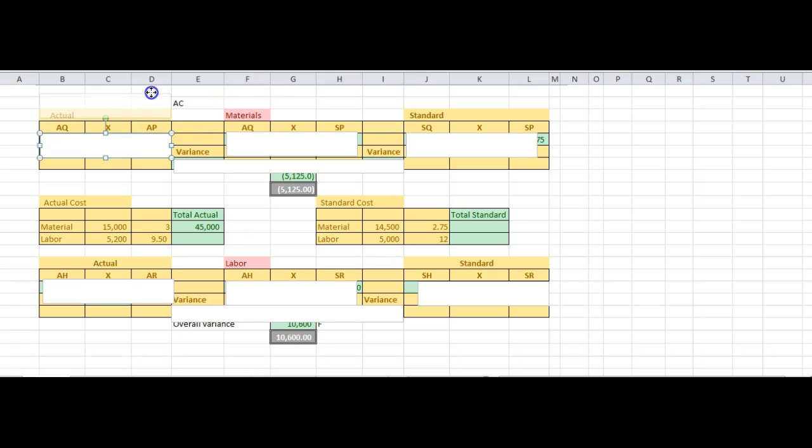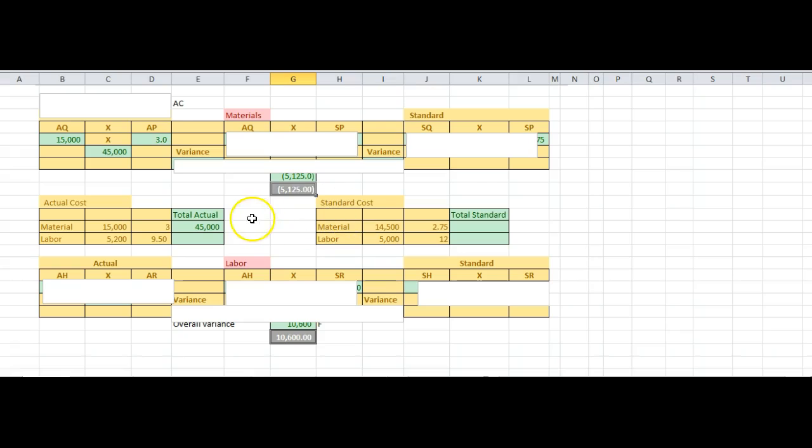So what we're trying to do is figure out what the variance is. Were we above or were we below? According to this, the variance was negative, which meant, well, we'll have to see what it meant.